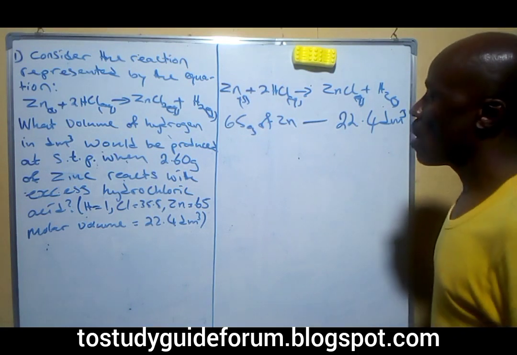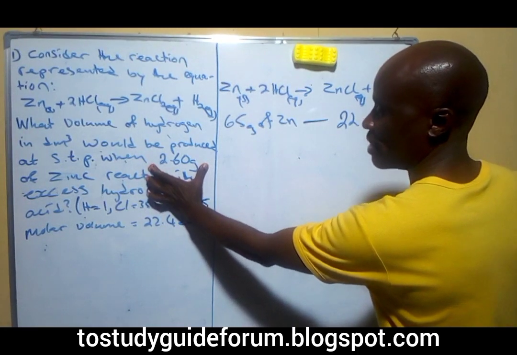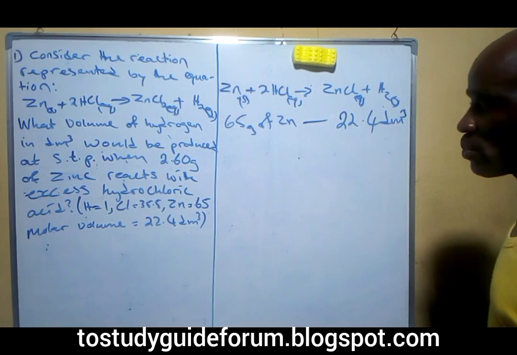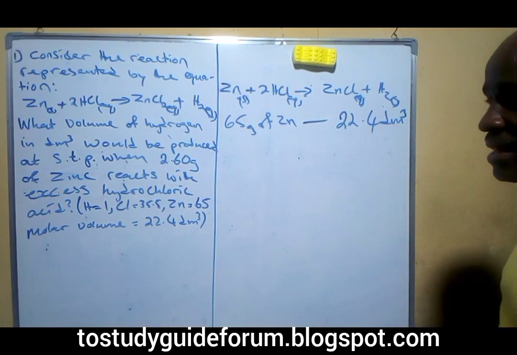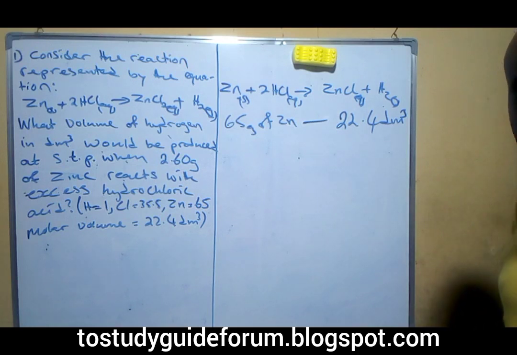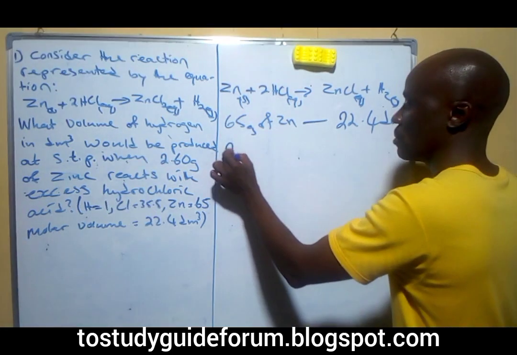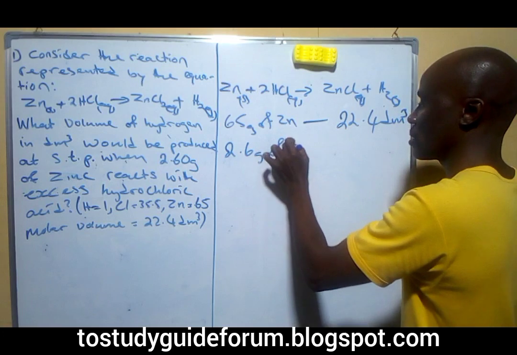So now, when we have this mass, what are we going to produce based on the same standard temperature and pressure? That means 2.6 grams of zinc.